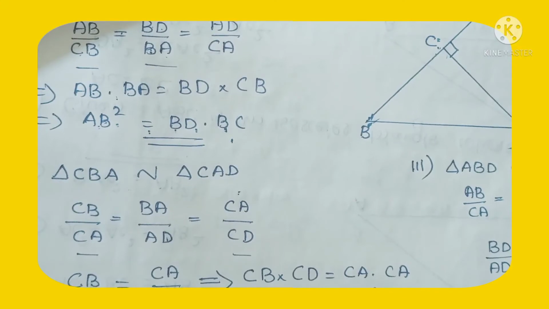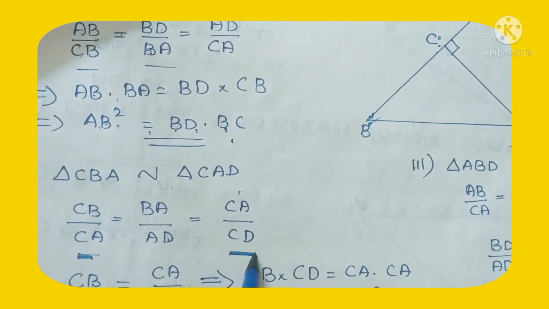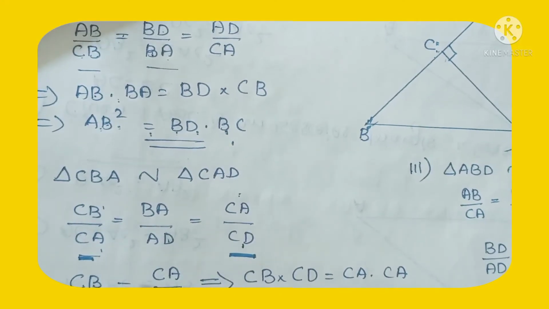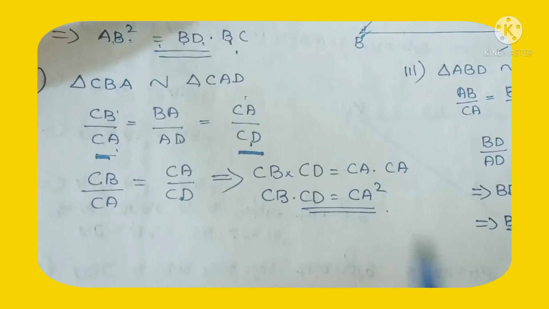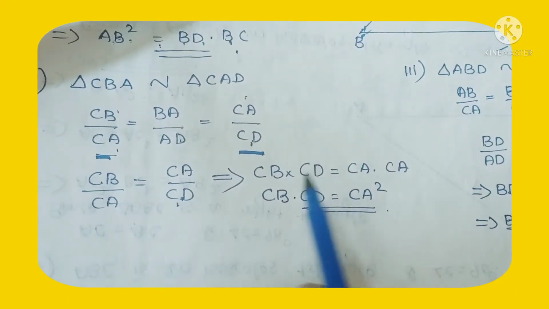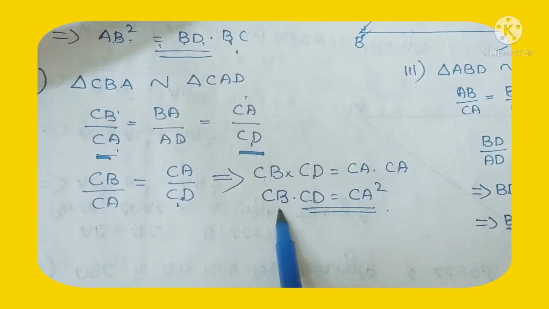Then we want to take the two ratios, CB by CA equal to CA by CD. Then we can take CB into CD equal to CA into CA. So CB into CD is CA square.